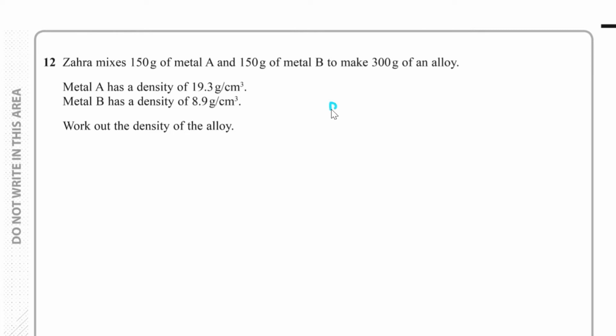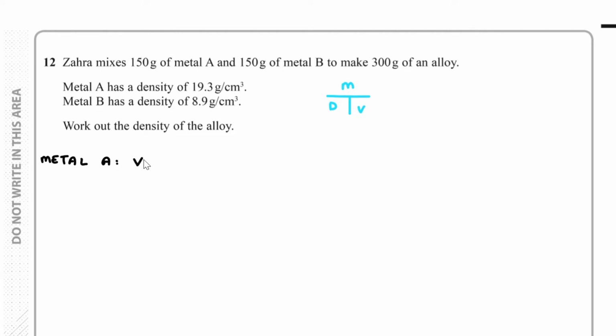density equals mass over volume. Okay? So for metal A, we can work out the volume because we've been given the mass and we've also been given the density.